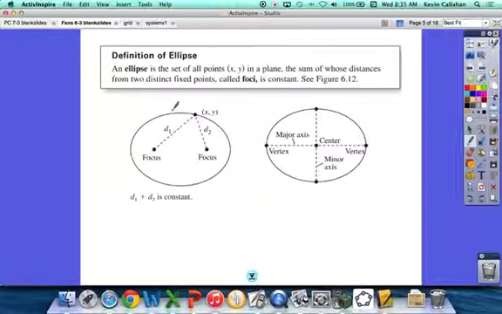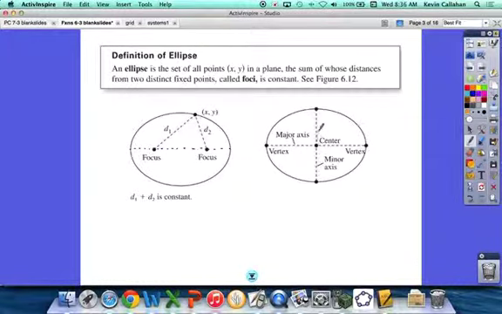Now, we know that an ellipse is an oval, right? It's like a circle that is longer in one direction than the other. The foci are on the long direction, what's called the major axis. And the center would be halfway across the ellipse.